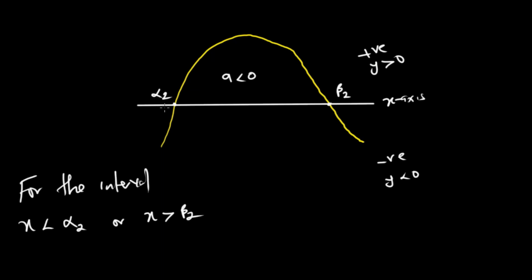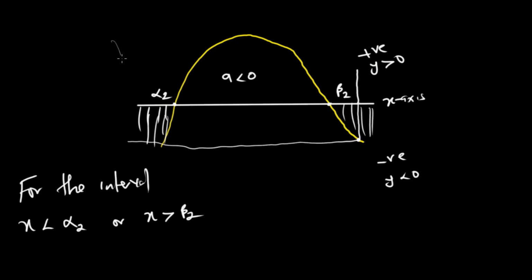So whenever we have x that falls to the left-hand side of alpha 2, or to the right of beta 2, meaning that we have our x in any of these points, we can't trace the corresponding value of y to the top side, we can only trace it to the downside. And if it meets any of these points on the curve at the downside, we can only trace it to the negative y-axis.